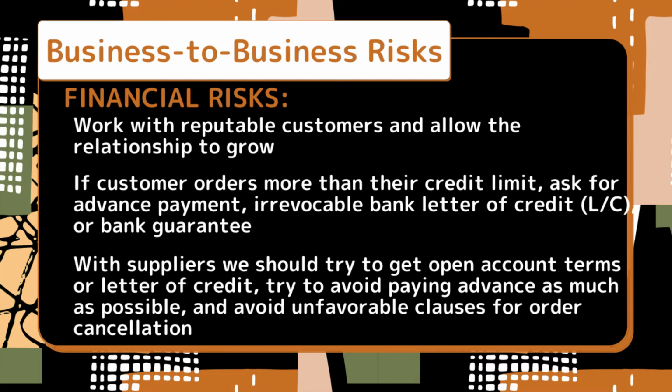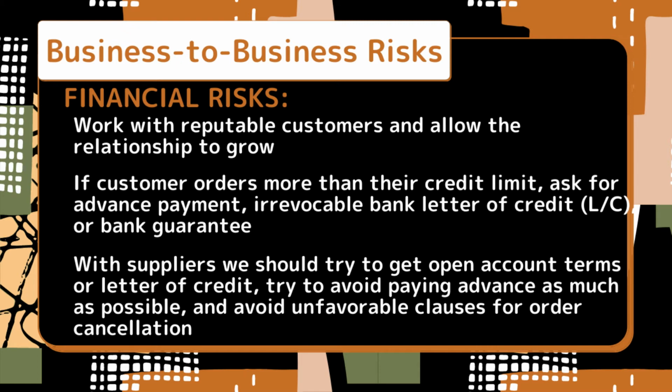For controlling financial risks with customers, we can do the following. Work with reputable customers on cash basis and extend credit gradually with defined limits of amount and time after building a relationship.